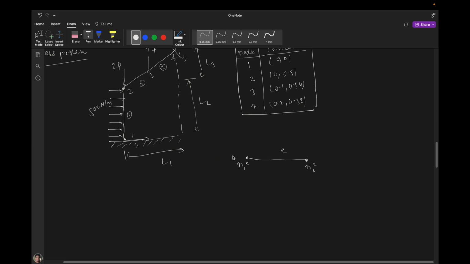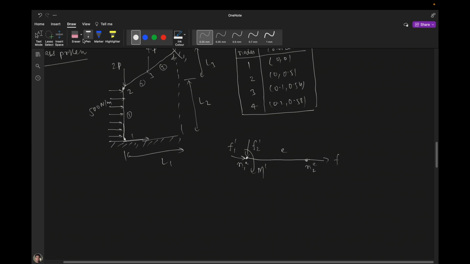Here we can see that it has force 1, that is the axial load, and this is force 2, that is the transverse load, and also there is a moment acting on this node. Similarly on this node also.